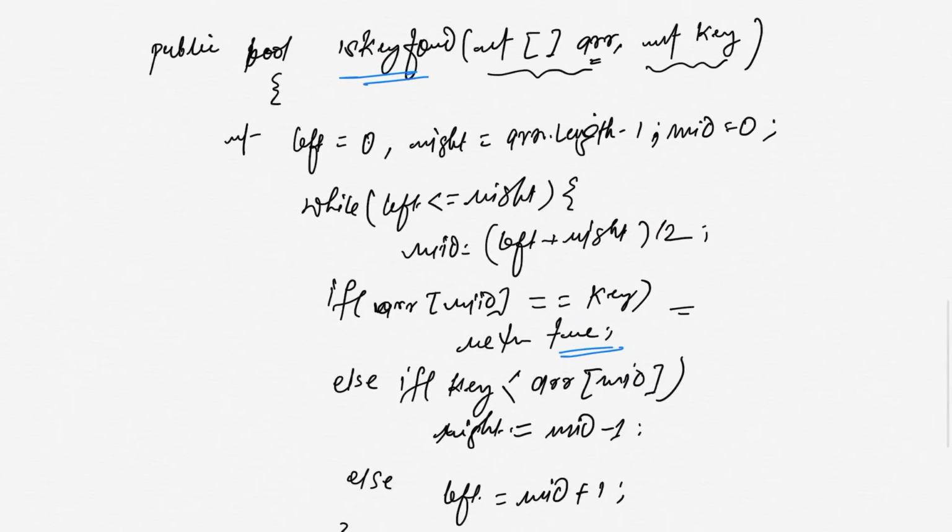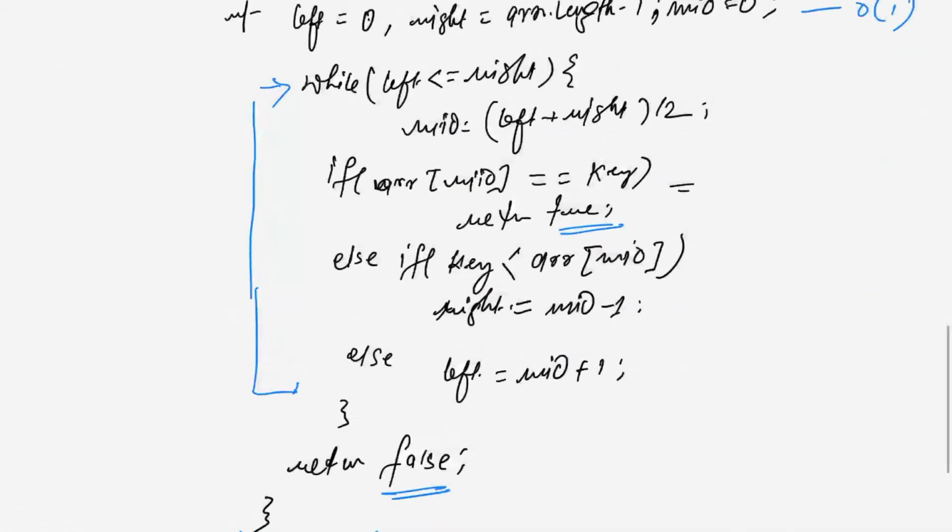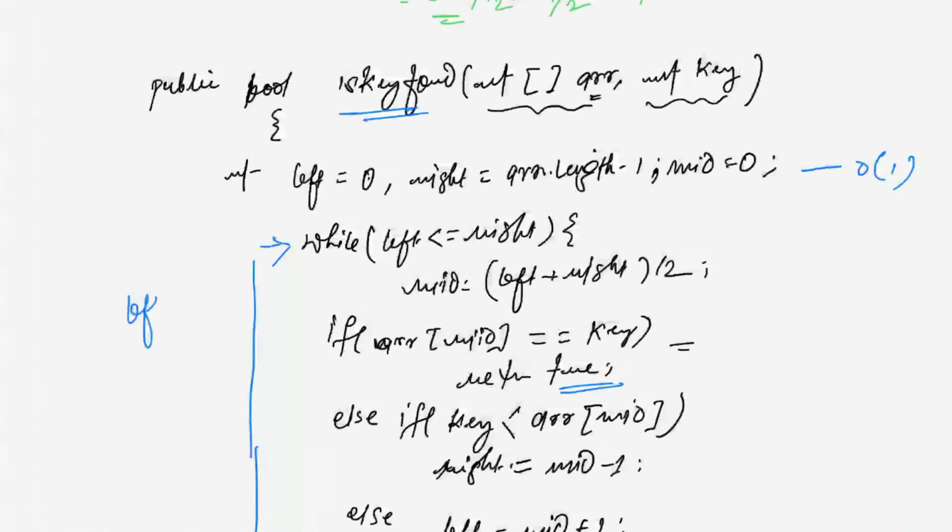Here this is the loop which is going to run, and it runs while left is less than or equal to right. So in the worst scenario, we are going to loop n by 2 each time.